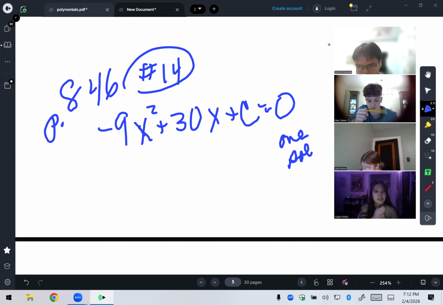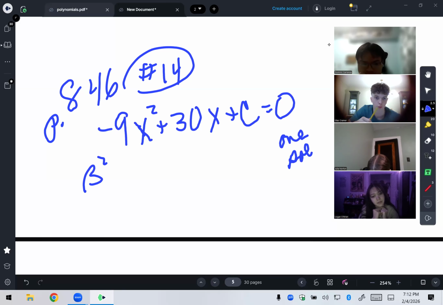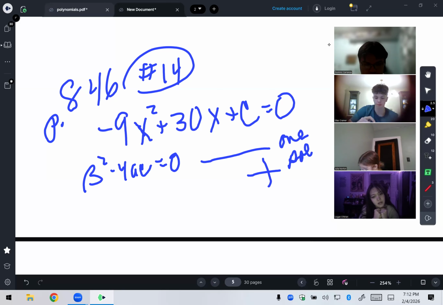No, you're not changing that equal sign. You're writing a new equation with b squared minus 4ac. So we know b squared minus 4ac has to be equal to 0 for one solution. Right, because the parabola is only going to touch at one point, like there.